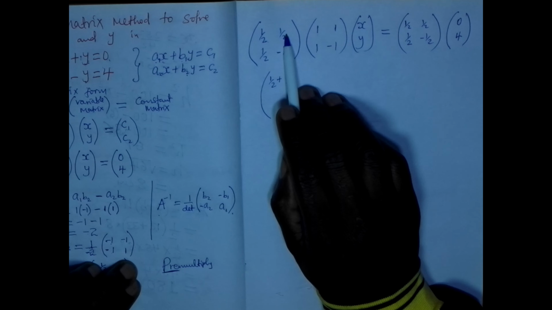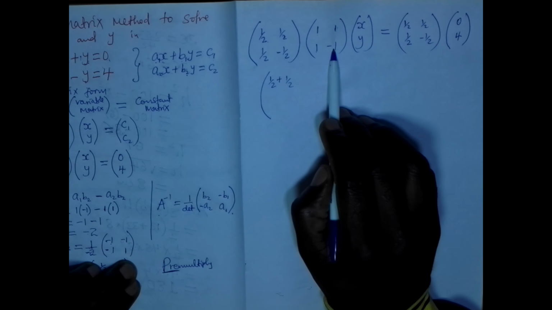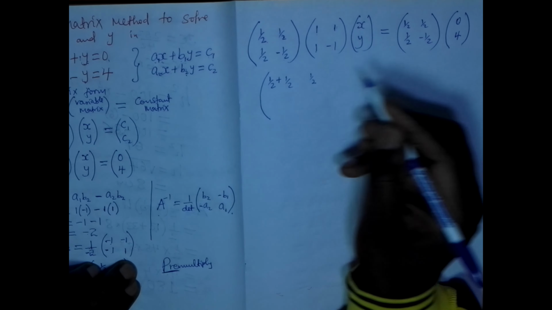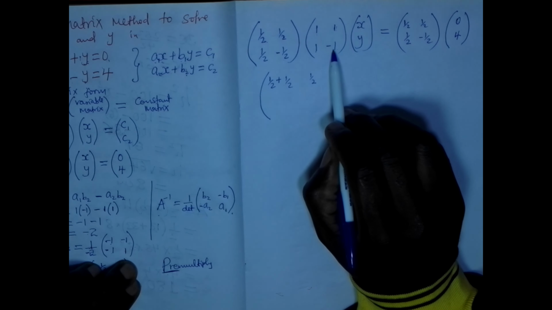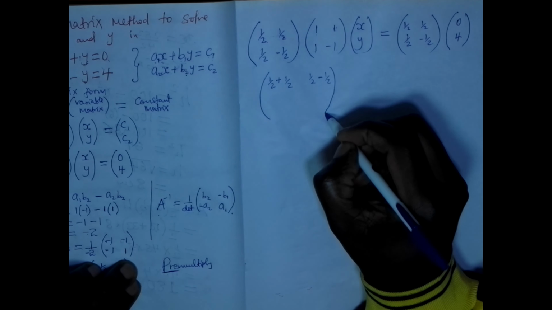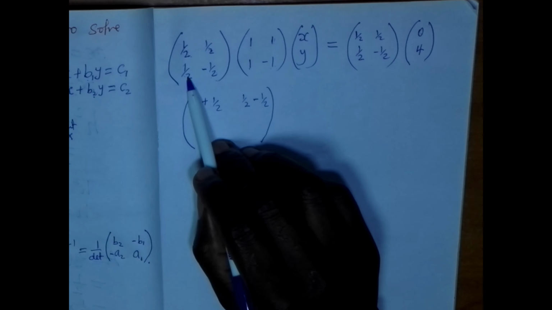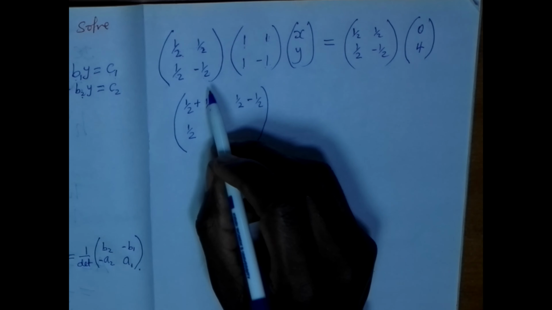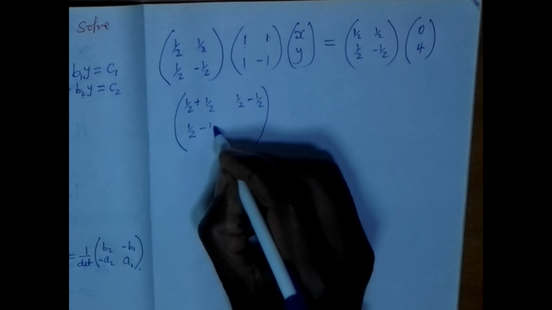Then first row, second column: a half times 1, that is a half, plus a half times minus 1, so minus a half. Next, second row, first column: a half times 1, we get a half, plus minus a half times 1, we get minus a half.